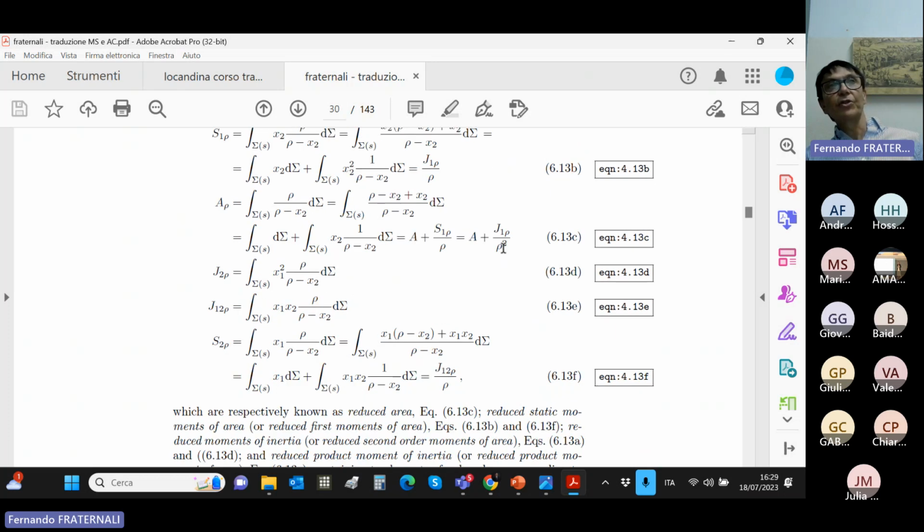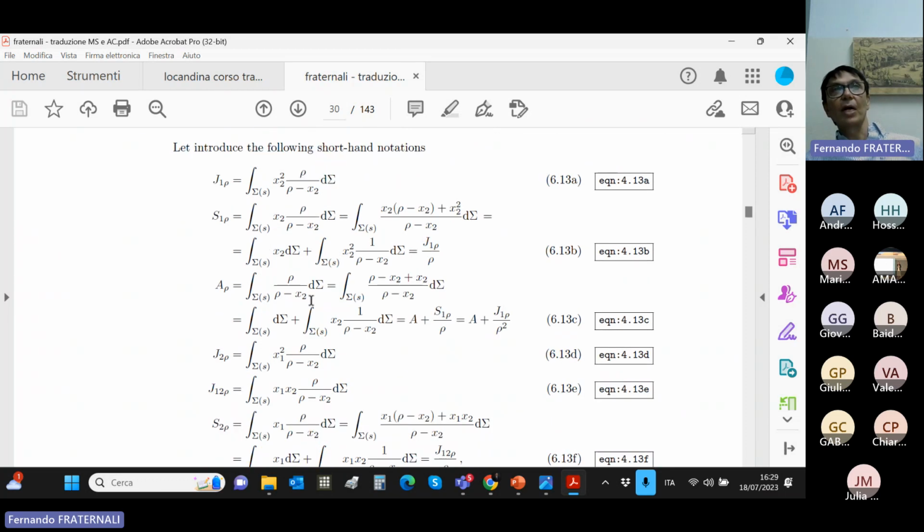We can introduce the reduced area, A rho, which is the integral of rho divided by rho minus x2, basically 1 over j, the integral of the sigma. This will be the area of the cross section if j is equal to 1. Otherwise, it will be different from the area of the cross section if j is not equal to 1.